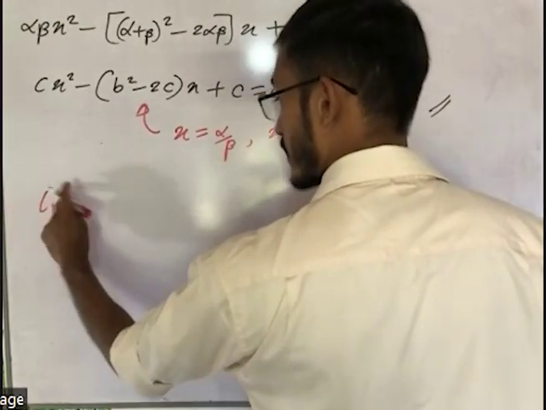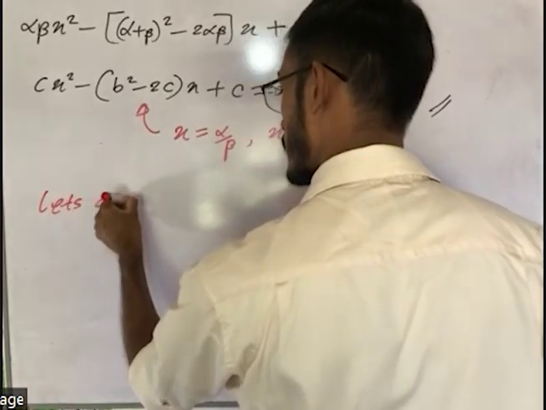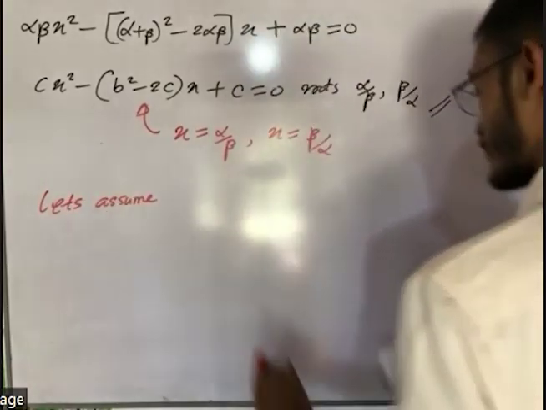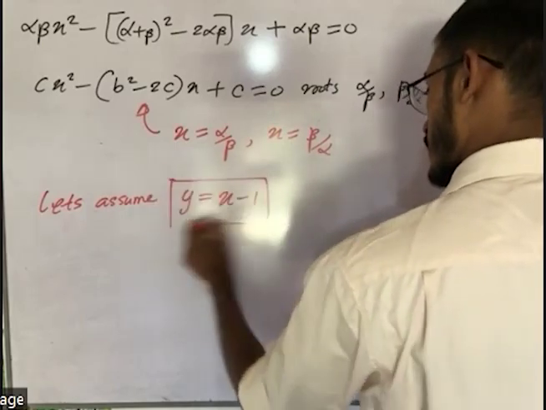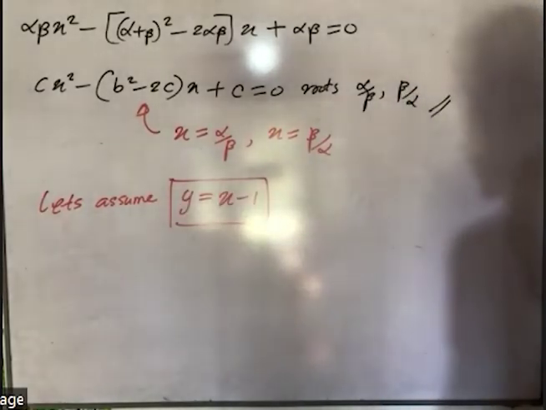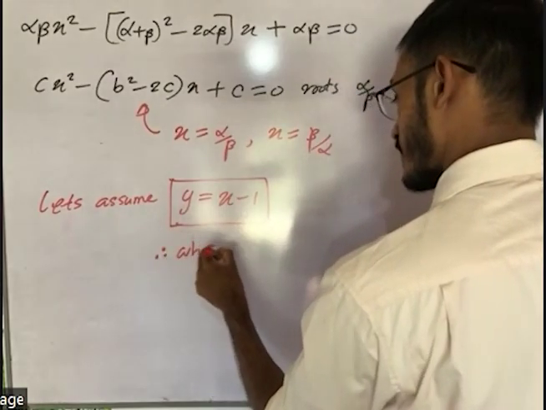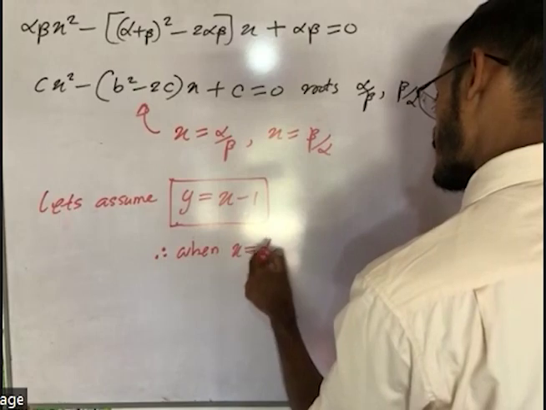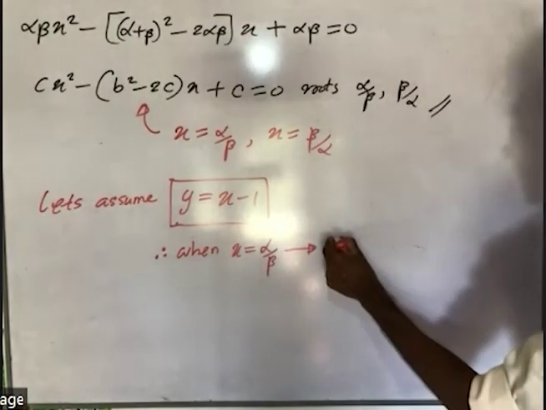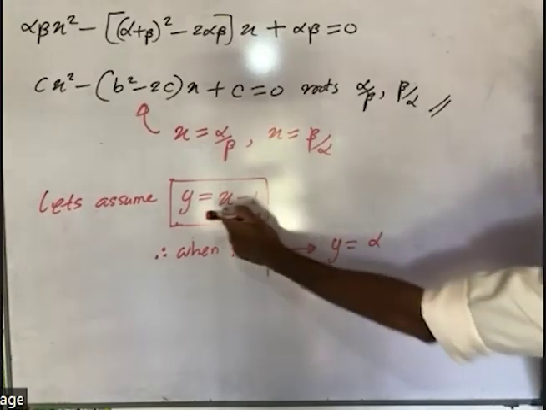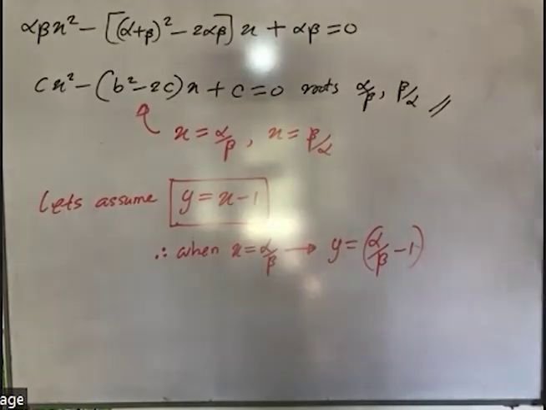So look at this. Let's assume y equal to x minus 1, right? So here, if you assume y equal to x minus 1, then when x equal to alpha over beta, we get the y value as alpha over beta minus 1, right?